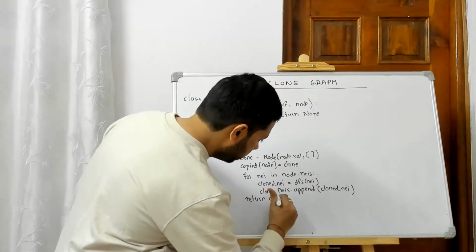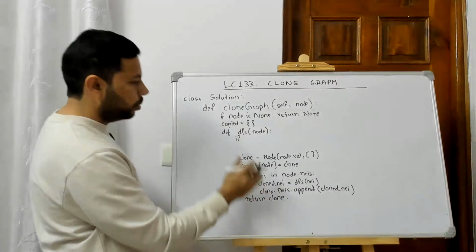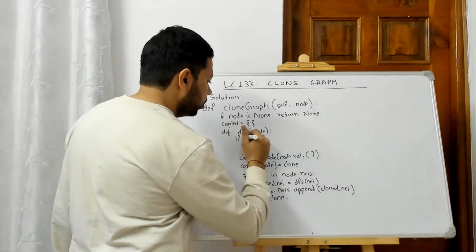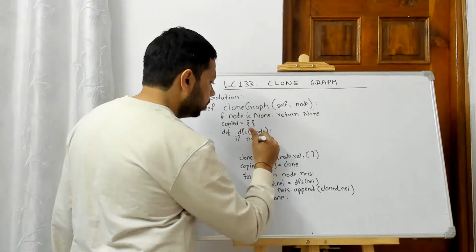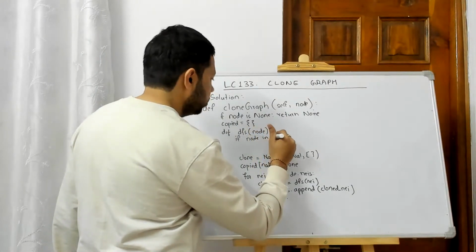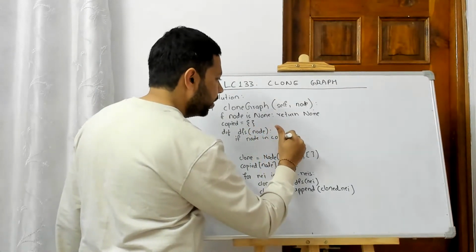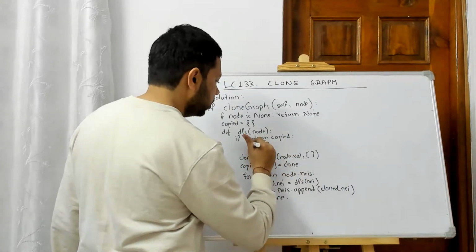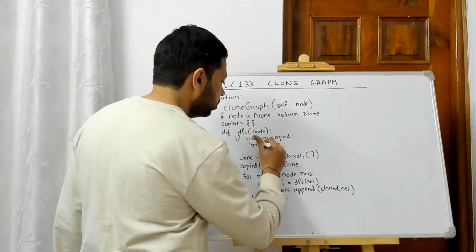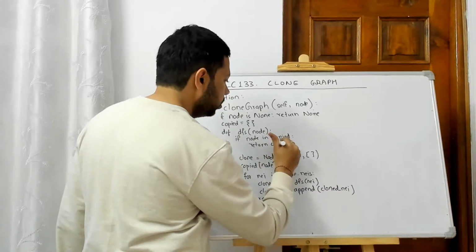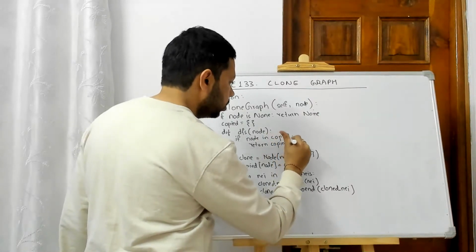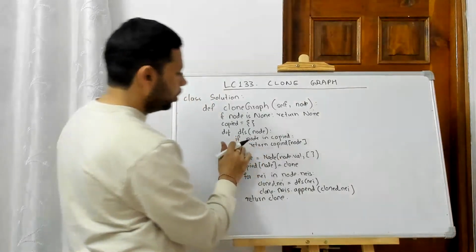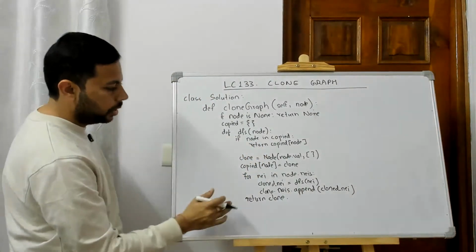So return clone. Now to save yourself from getting into an infinite loop, if node in copied, if node is already being copied, you return the copy of the node. You return copied of node. If you do this, you're going to get a copy of the whole graph.